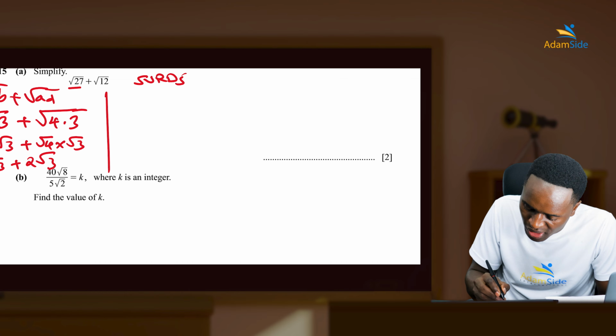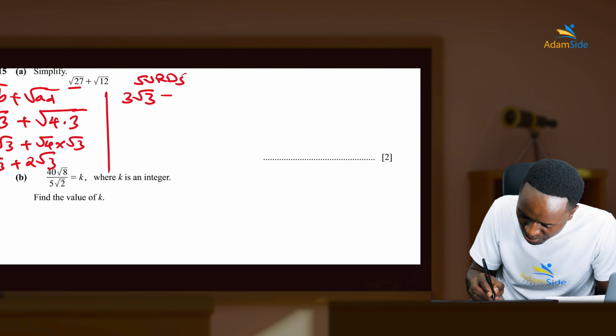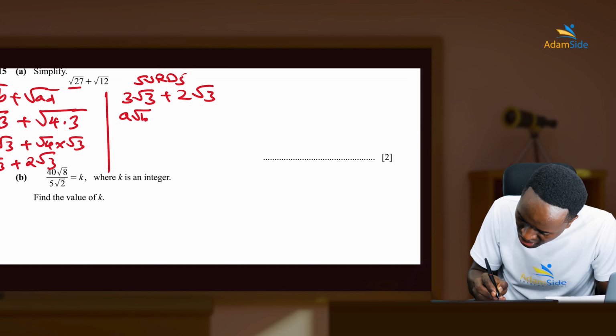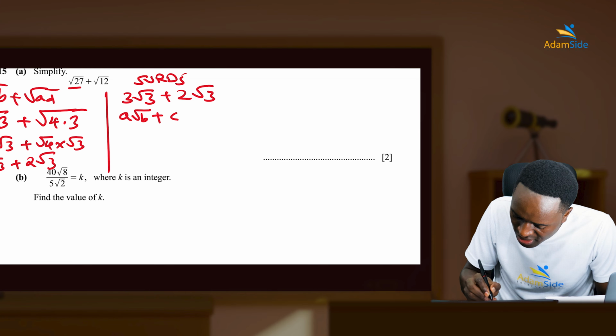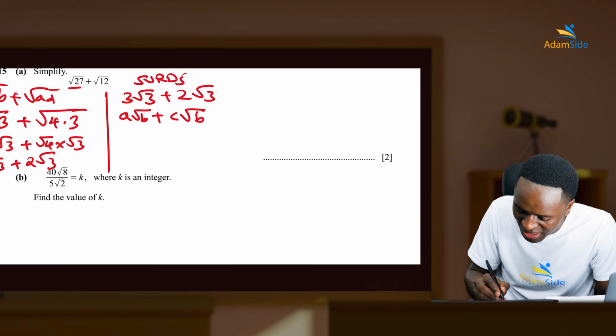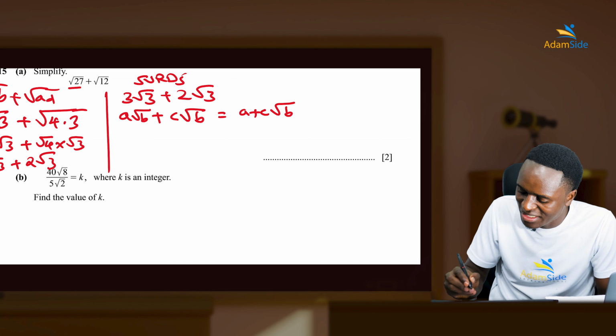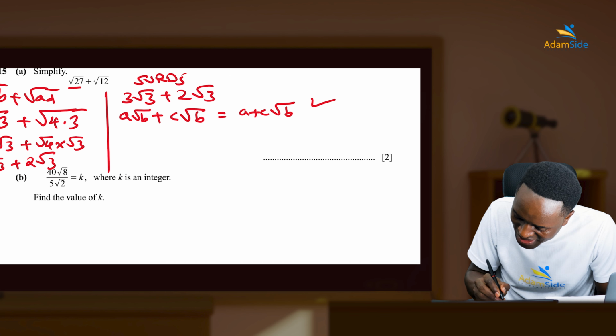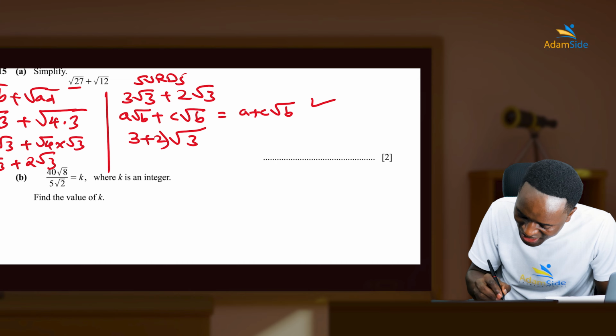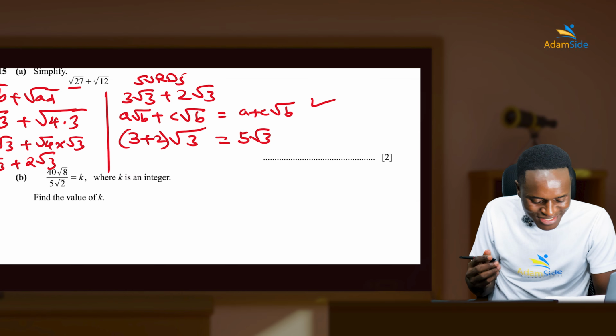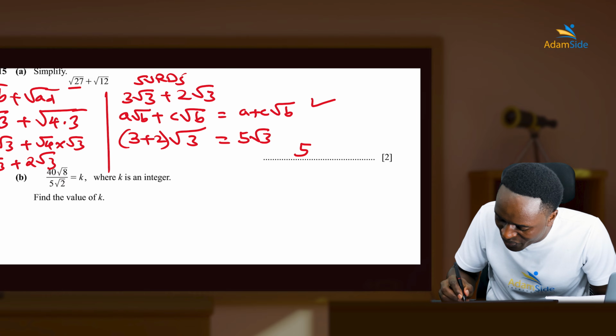The rule here is that 3 root 3 plus 2 root 3 is the same as a root b plus c root b. In that case, you say a plus c, then you keep the root b. This is the rule that we're going to use. Therefore, we say 3 plus 2, then root 3. You add these two, and your answer becomes 5 root 3. And that's the answer. You just write there 5 root 3.